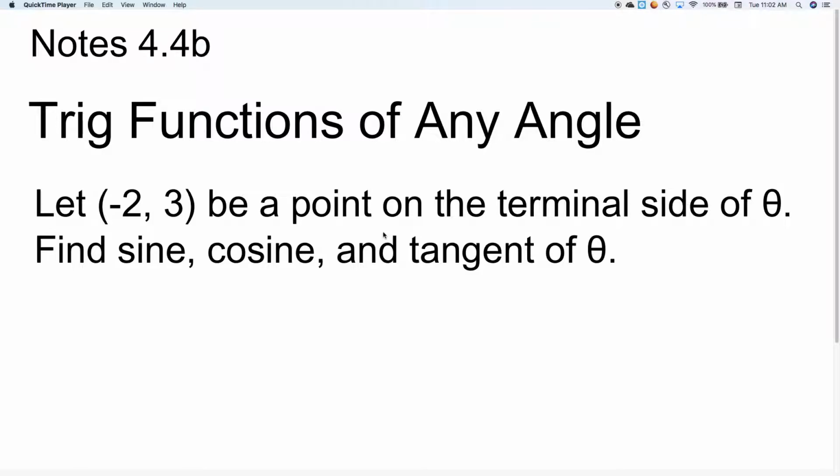You don't know what terminal means? Remember, initial side is the positive x-axis, and then terminal side is the end side of it. So 2, 3 is on that point and it's going from there down.